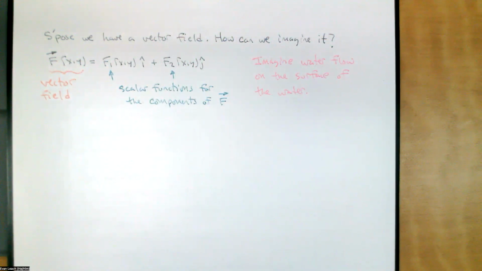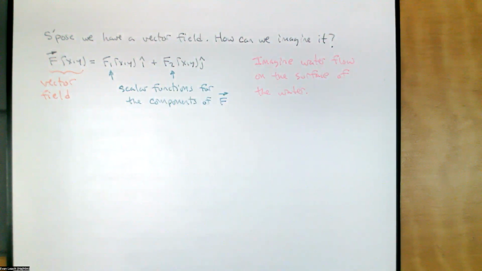At every point on the surface, the water is flowing around somewhere. That's how we can imagine the vector field in R2. Just imagine R2 as the surface of water, and the vector field is showing you the current.